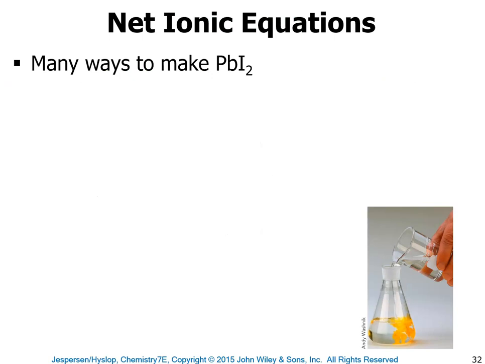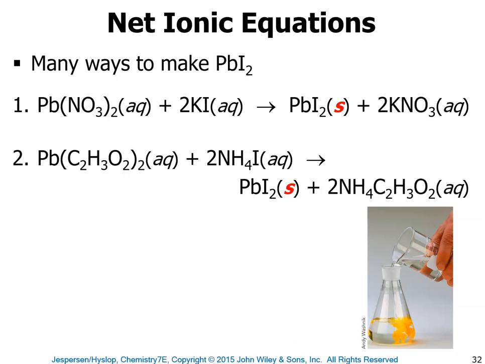Ultimately, the reason we're going to mix things together is to get a product out. And just as an example, there are many different ways to make lead iodide. For example, we could start with lead nitrate or lead acetate and potassium iodide or ammonium iodide.